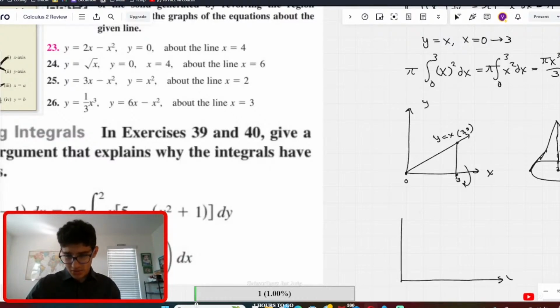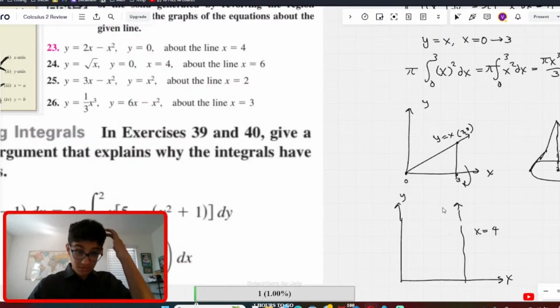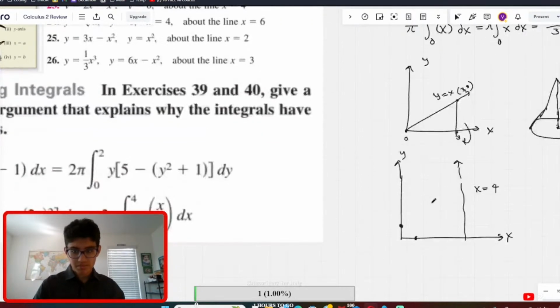So let's quickly graph this stuff out. This is the x-axis, this is y, this is x equals 4. And our function is what? 2x minus x squared. We can just put in a few points and see what it looks like. So it'll be something like this, I guess. Just like this.